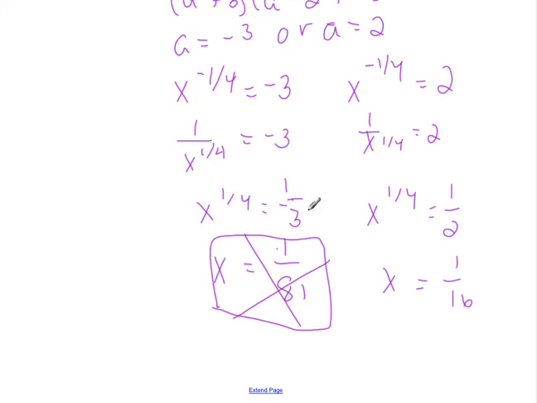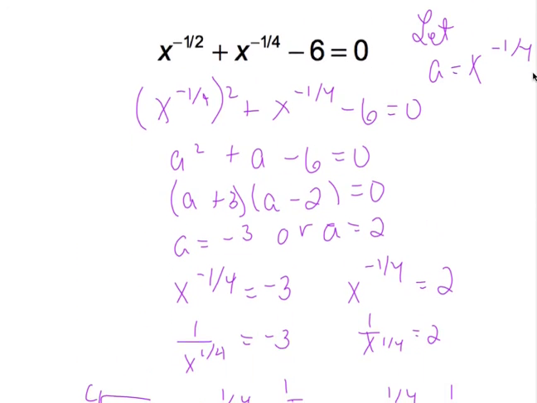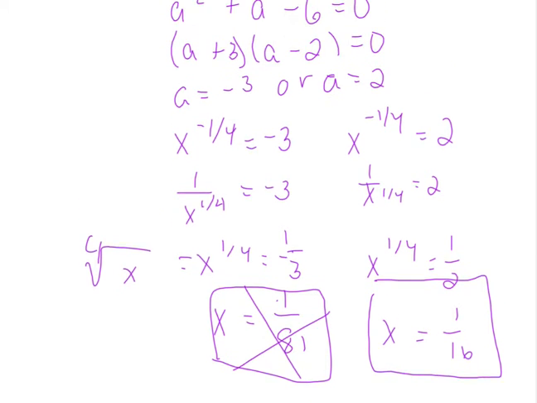I already know that because I know that the 4th root, which is what this is, is always going to be positive. I can't have a negative like this. So I know that's going to be extraneous. But if I didn't recognize that, I would have to go back and plug into my original equation and find out that that's the case. The 1/16 will work, and that is my solution right there.